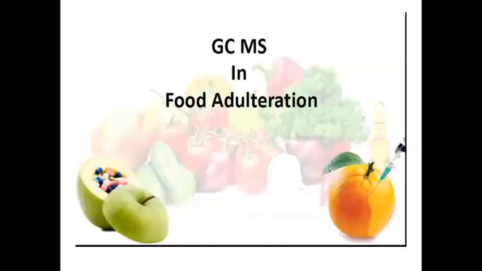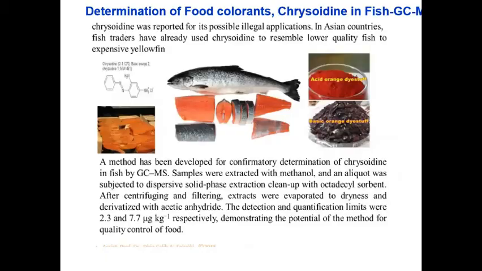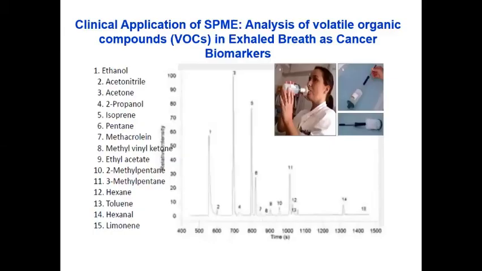GC-MS can be used in food adulteration, analysis of acrylamide in food by GC-MS. We can also determine food colorants, like chrysoidine in fish samples. We can also analyze the phthalates present in some toys. We can also use mass spectrometry for determination of volatile organic compounds, which are biomarkers of cancer.